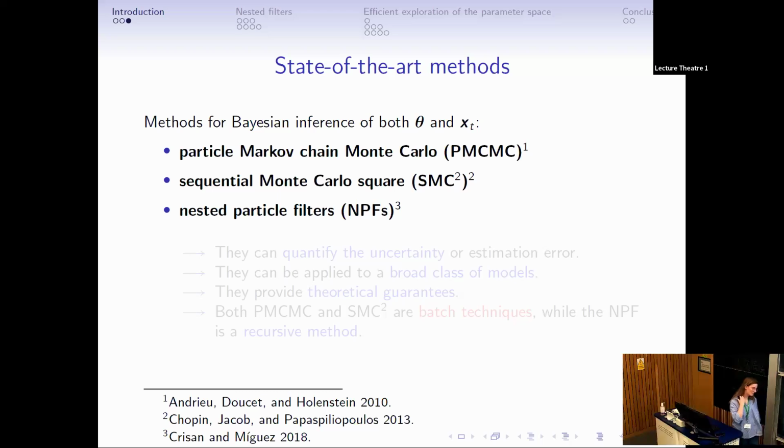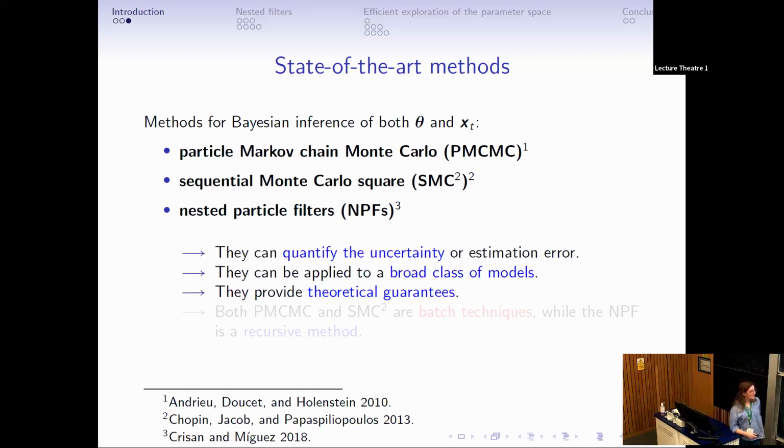There are a few methods in the state of the art that are quite nice and aim at estimating this joint posterior, or doing Bayesian estimation for both state and parameters. We have particle Markov chain Monte Carlo, and SMC square, which probably at the very least rings a bell, and also the nested particle filters. I think they are nice since we can quantify uncertainty.